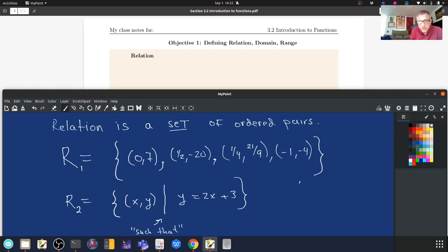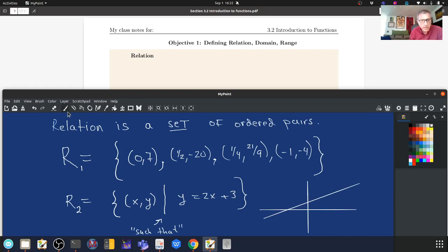So I'm just going to kind of sketch it out here. So if I have my Cartesian coordinate axis, this is really going to be just a sketch. It's going to be more or less something like this, a line like that.